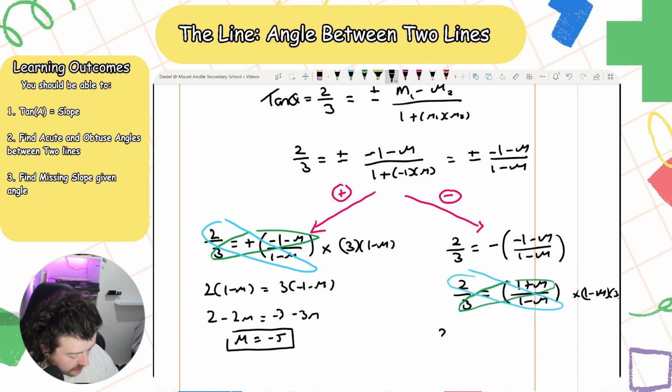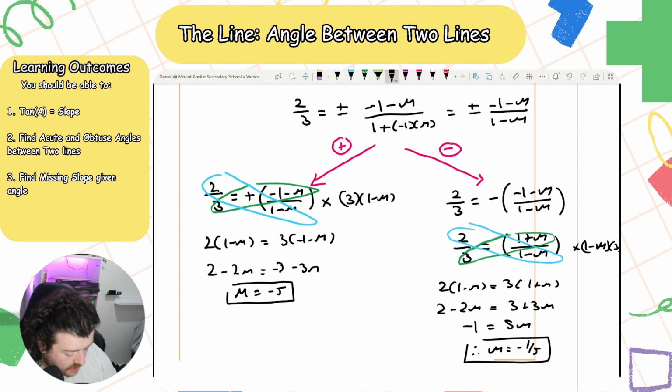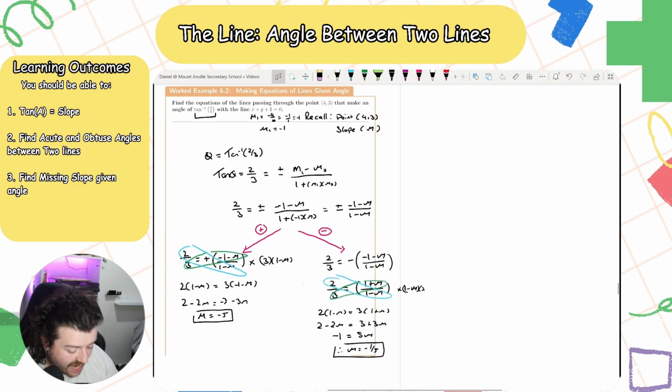So 2 times 1 minus m is equal to 3 times 1 plus m. So 2 minus 2m is equal to 3 plus 3m. I'm going to have minus 1 is equal to 5m. Therefore, m is going to equal minus 1/5.